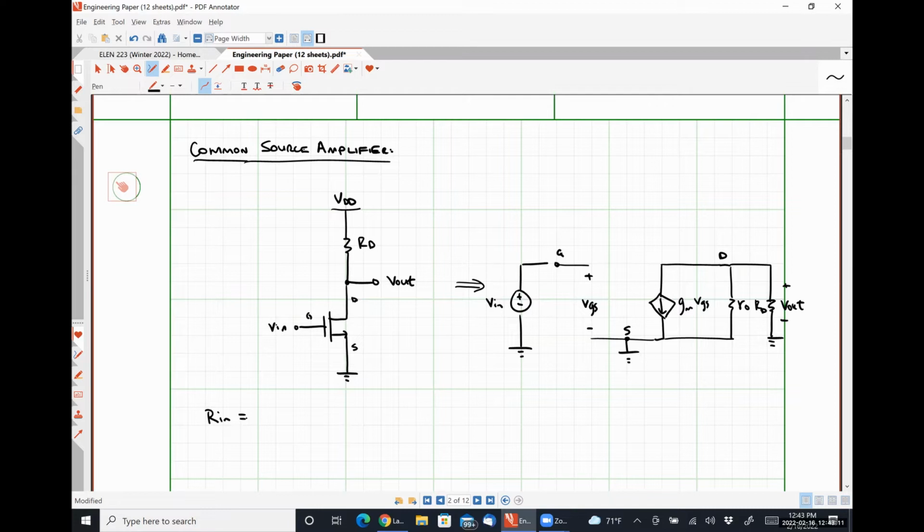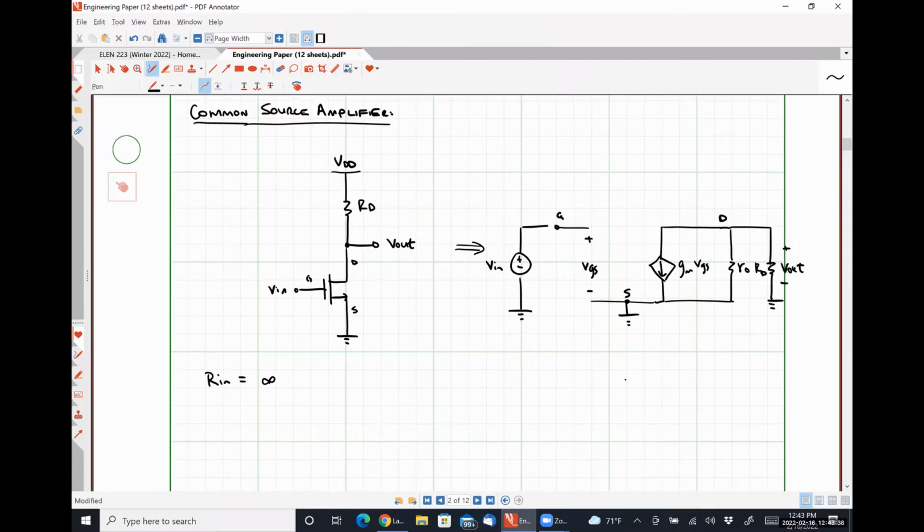So by inspection, what does my input resistance for this circuit have to be? Infinity, absolutely right. Because no current is going to flow in. So Vin divided by 0 is going to look like infinity. So we have an infinitely large input resistance. What about our output resistance?